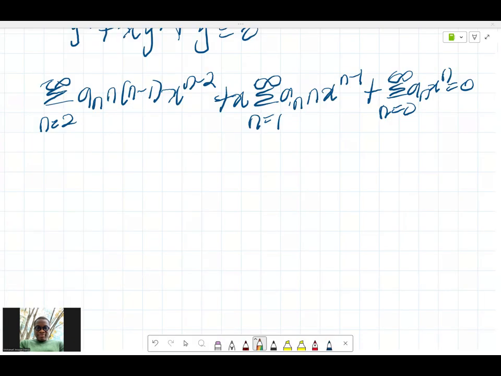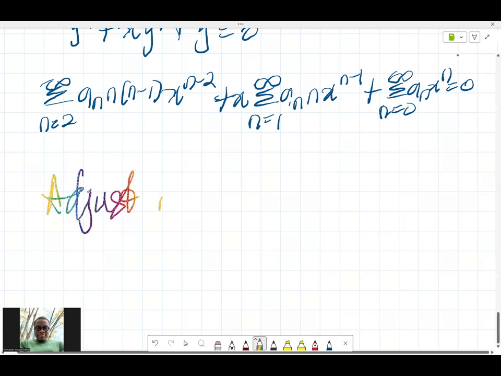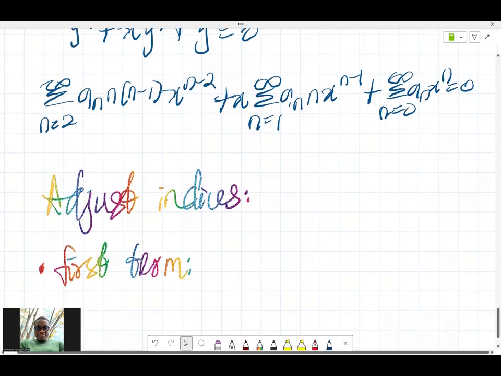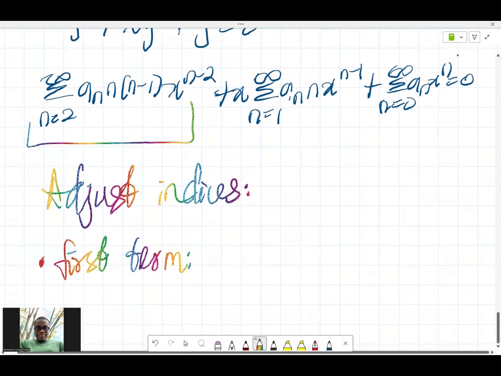So the next thing we need to do is to adjust indices, right? We adjust indices. In that case, we take it term by term. For instance, we start with the first term. To adjust the indices, we want to basically take it back to where we have x raised power n.